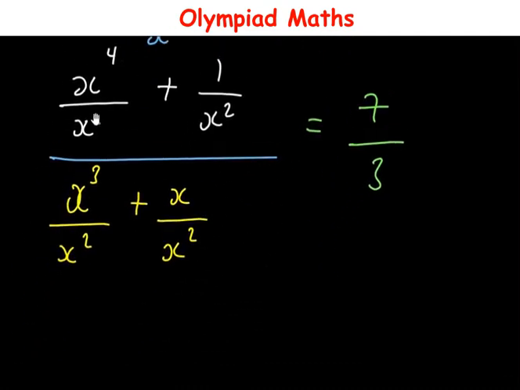Now, from here, looking at the numerator, x^4 divided by x^2, we are left with x^2.